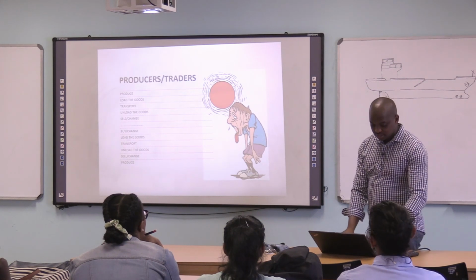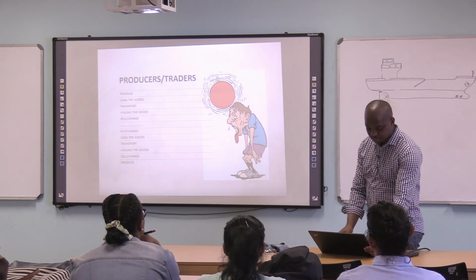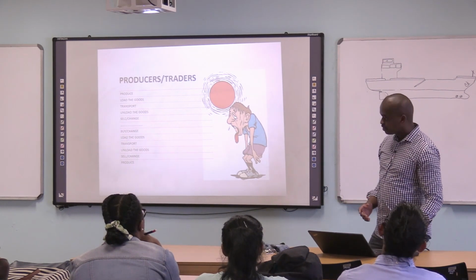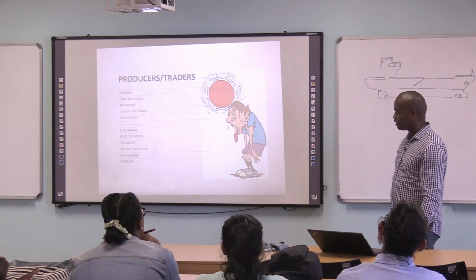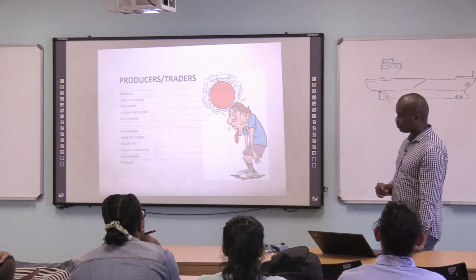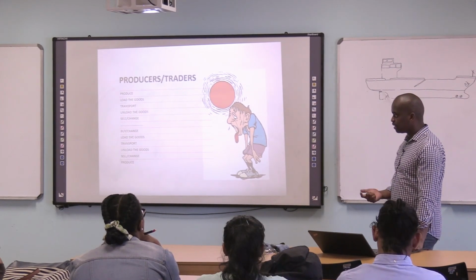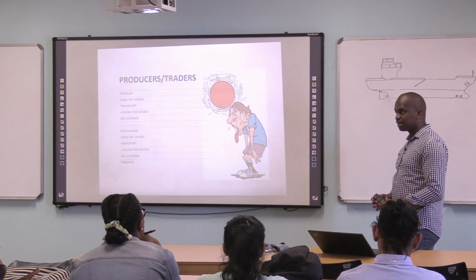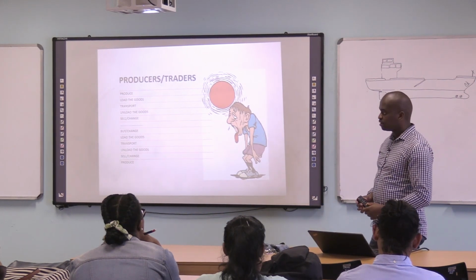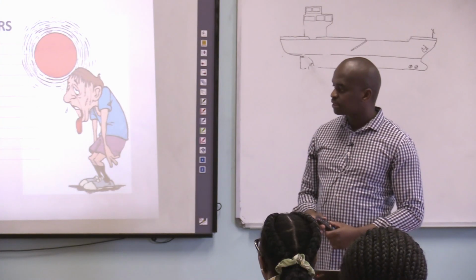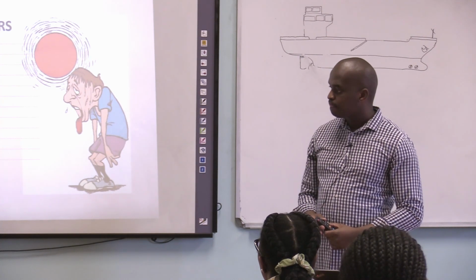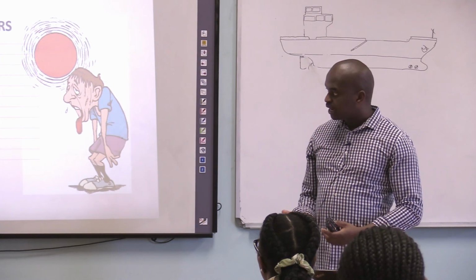So in shipping you've got producers and traders. They produce, load the goods. Obviously you know that in shipping we have different parties involved: sellers, buyers, people in the middle, insurance people, people that own cargo.